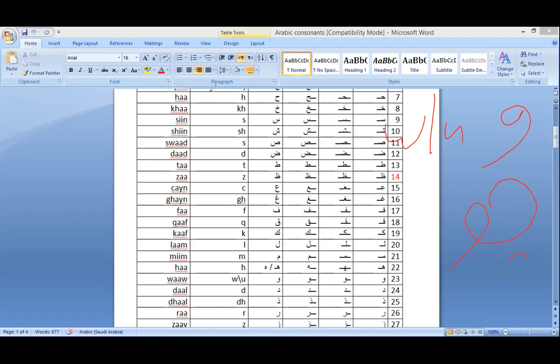Or if it is difficult, you can just circle and draw a line there.